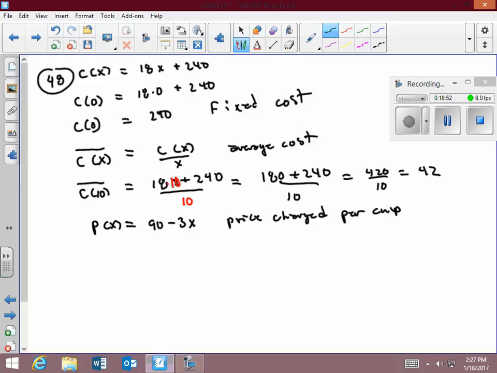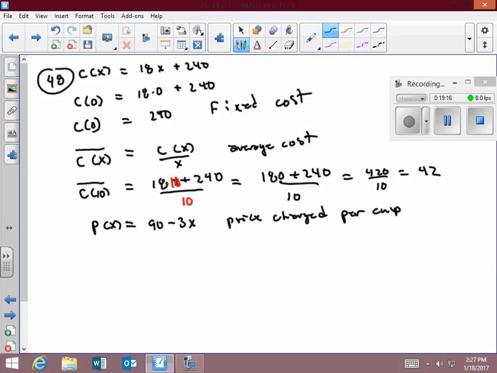So then you're going to price it at 90 minus 30 cents, at 60 cents, and you're going to sell the 10 cups. You could say if you priced it at 60 cents, you'd sell 10 cups. That's what this is.